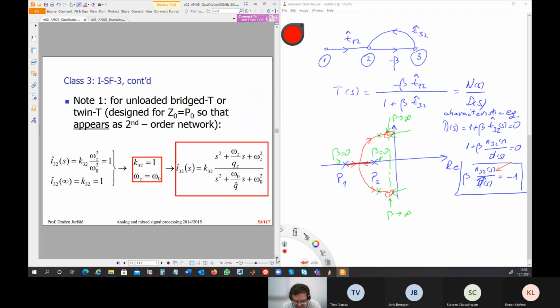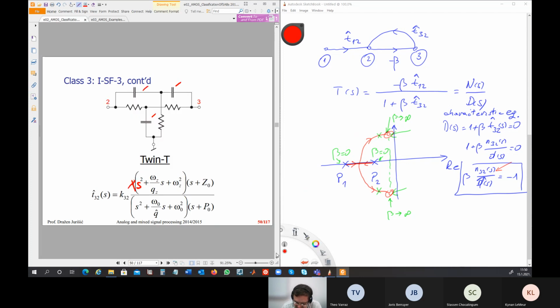Okay. Now it can also be said that there exists a possibility that these two zeros and poles can be deleted if they are the same. If you use special values of these elements, like we will see, then there is a possibility that this appears like a second order network, because this is everything that is left, and it looks like a second order network, although it has three capacitors.